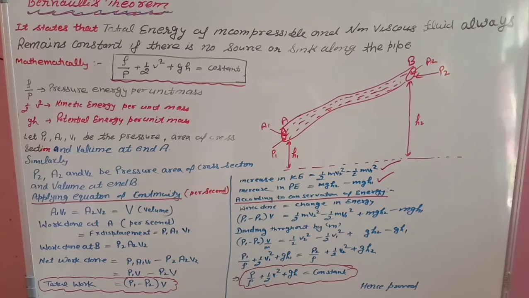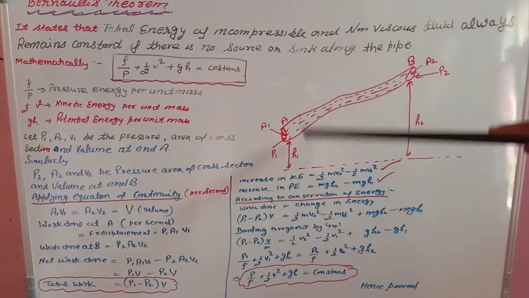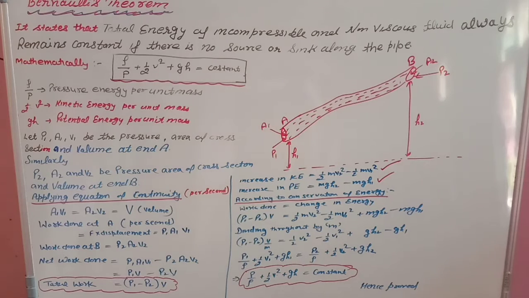Increase in potential energy means potential energy at the end point minus potential energy at the initial point. Simply, final potential energy minus initial potential energy. I told you so many times in my chapter of work, power and energy also that change in energy means final energy minus initial energy. So the same concept is here also.